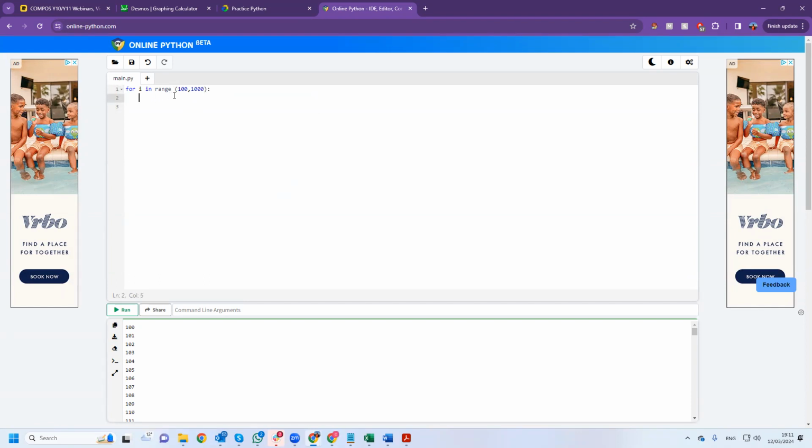Now we need to get the digits. Getting the digits in Python is quite interesting. So what you need to do to get the first digit, A, is take I, the number, divided by 100.